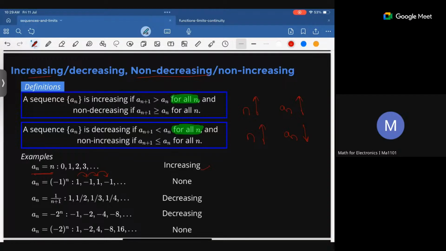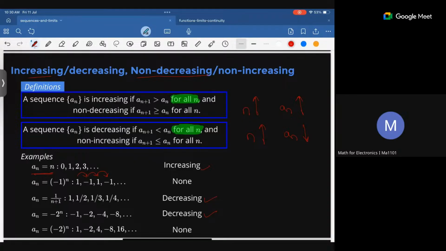Okay. And the example that we saw, 1, 1 by 2, 1 by 3, 1 by 4, and so on. So it's a sequence where as n increases, my term values an are decreasing. Therefore, it's a decreasing sequence. Even minus 2 power n is like minus 1, minus 2, minus 4, minus 8, and so on. Right? So as n increases, my an is decreasing. It's decreasing. Now again, minus 2 power n is like oscillating between positive and negative values.